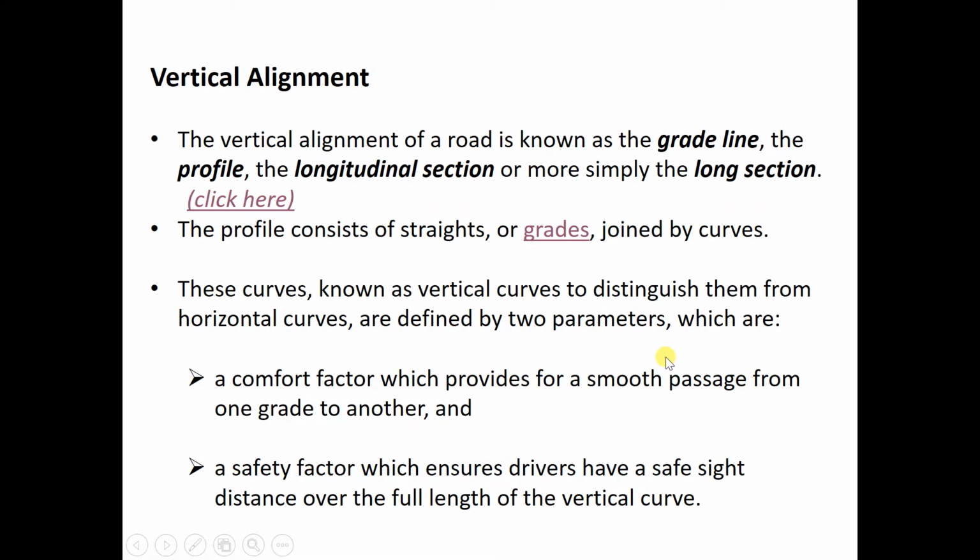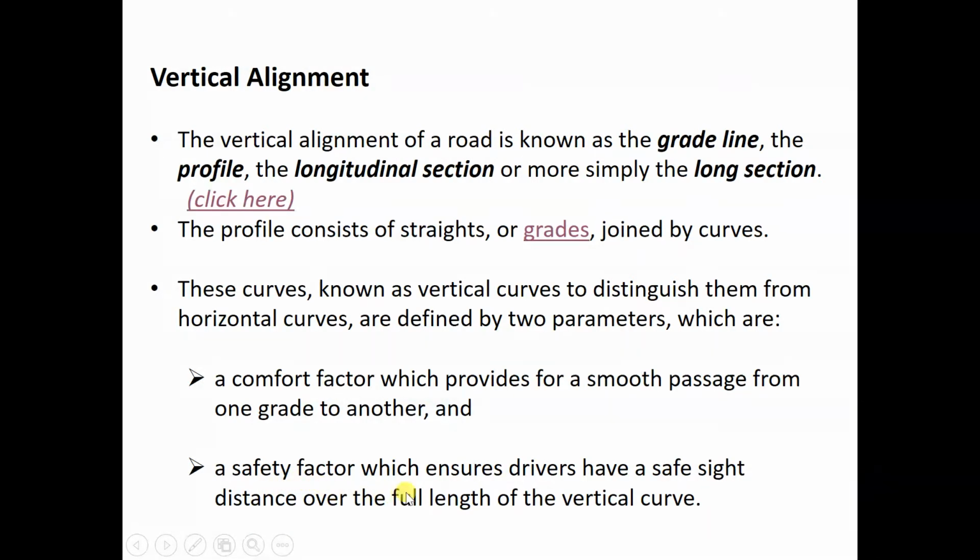The first is the comfort factor, which provides a smooth passage from one grade to another. If you go uphill, you will have a positive grade, and when you reach the top and descend the hill, it'll be a negative grade.